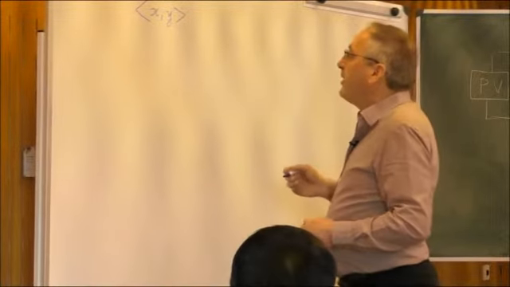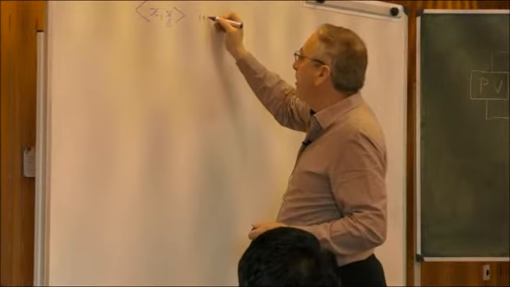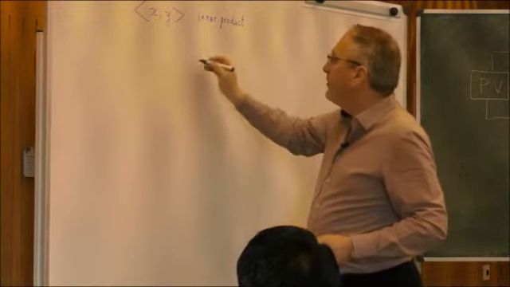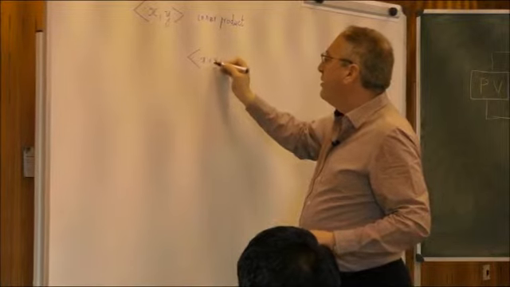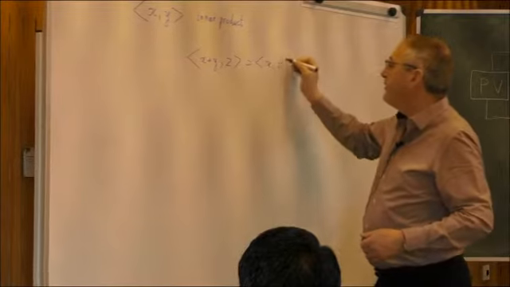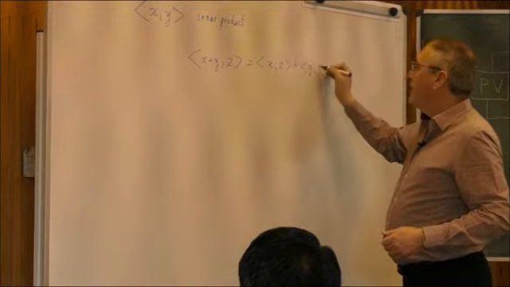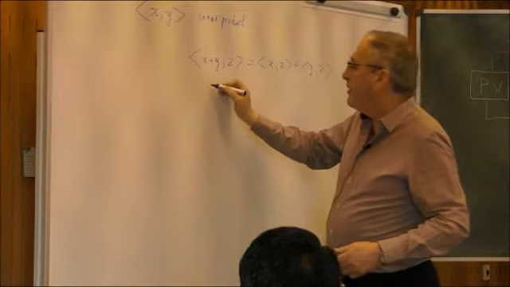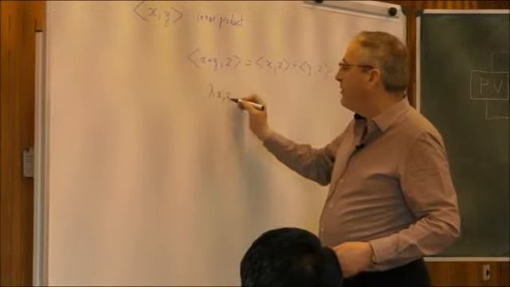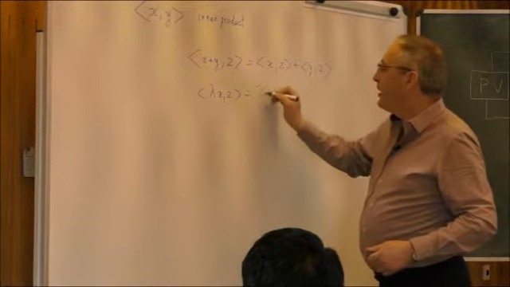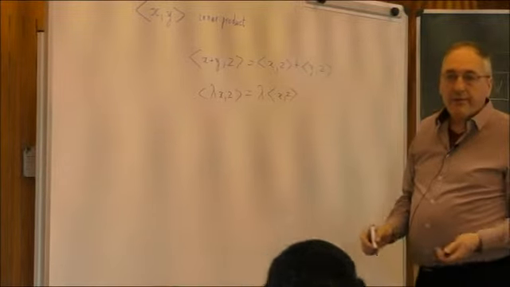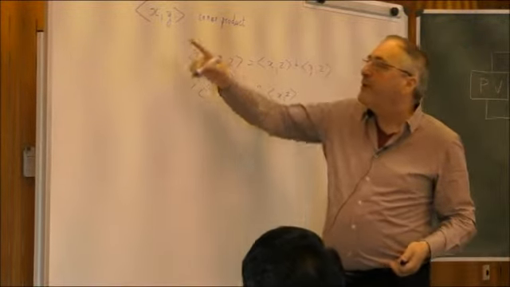And this inner product should have the following properties. x plus y, product with z, should be equal to x product with z plus y product with z. If lambda is a complex number, lambda times x product with z should be equal to lambda times the product of x and z. In other words, the product should be linear in x.